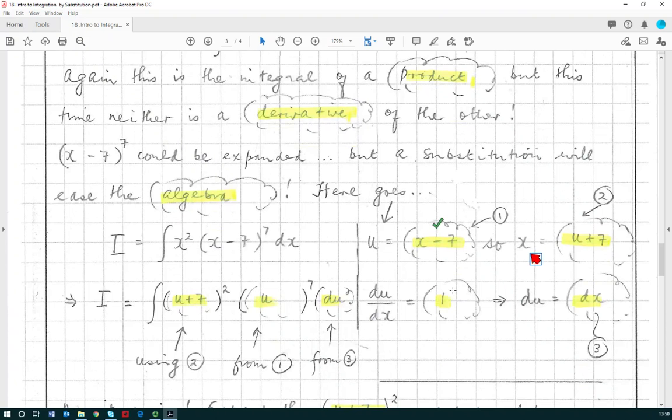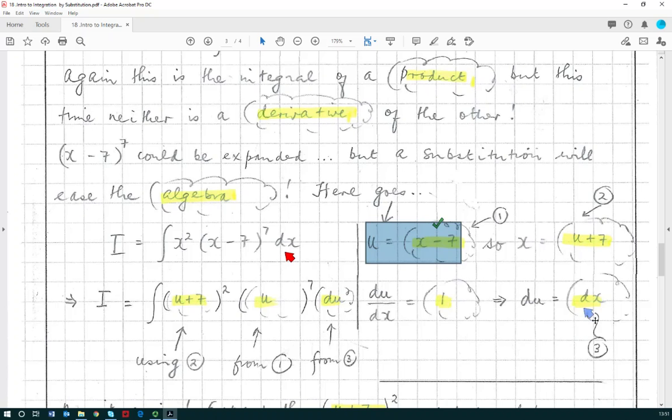Well, if u is x minus 1, then bring the minus 1 across, and you'll get x equals u plus 1. So now I know what x squared will be. That'll be (u plus 1) all squared. Also, I need the dx to go as well. There's the dx there. Differentiate this, you'll get du/dx equals 1. Isolate the dx by bringing it across to the other side.